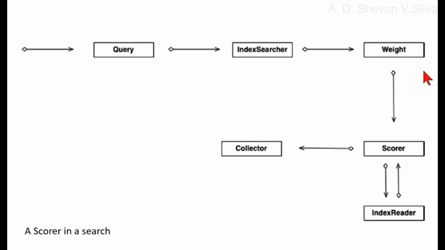During the scoring, the weight creates a scorer which iterates over all documents in the index, filters out the irrelevant documents and applies the scoring algorithm on the candidate documents.